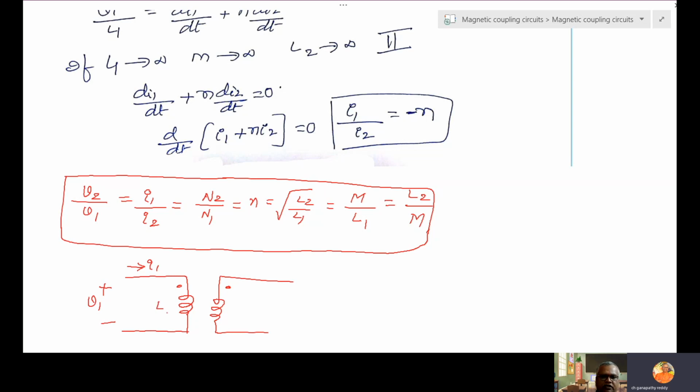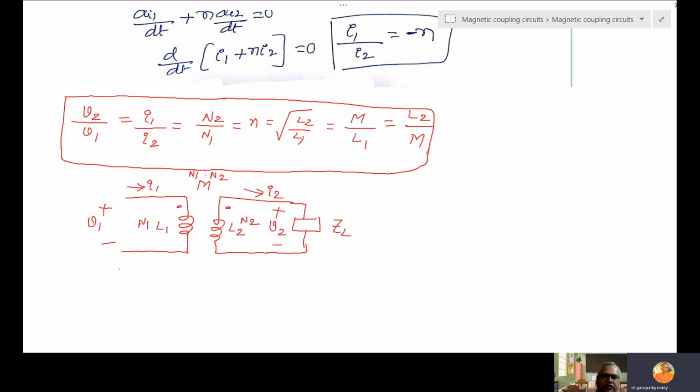So here L1, L2, and M, with number of turns N1 and N2. When voltage is coming, the load is connected to the secondary. This load is ZL. This voltage is V2, and the current is I2. This is the transformer equivalent circuit.